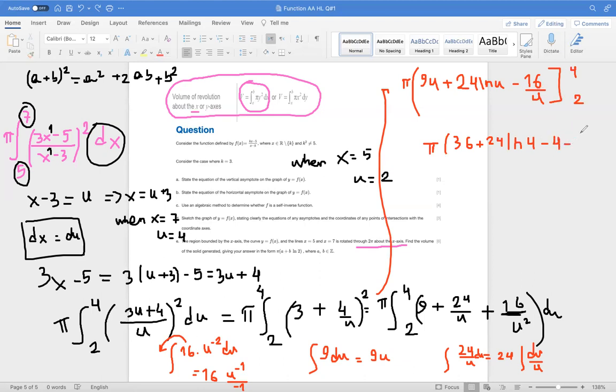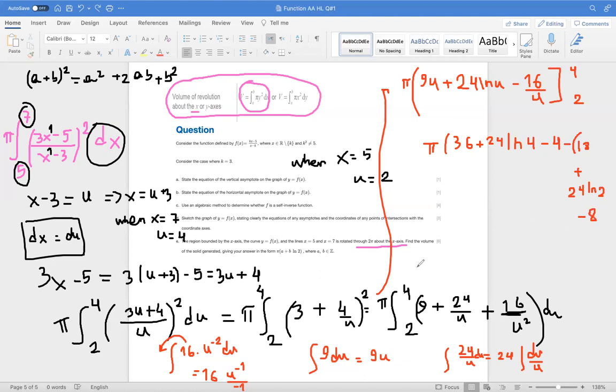Okay, minus, let's open a bracket. So if we put 2 into 9u, that will be 18. Okay, plus 24 ln 2, minus 16 over 2, which is 8.